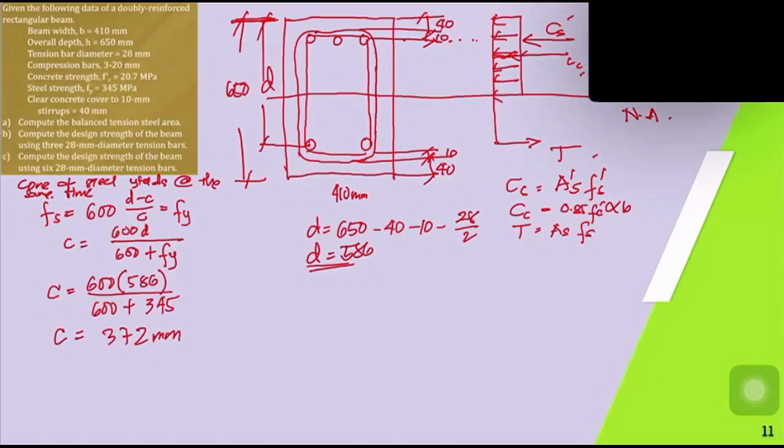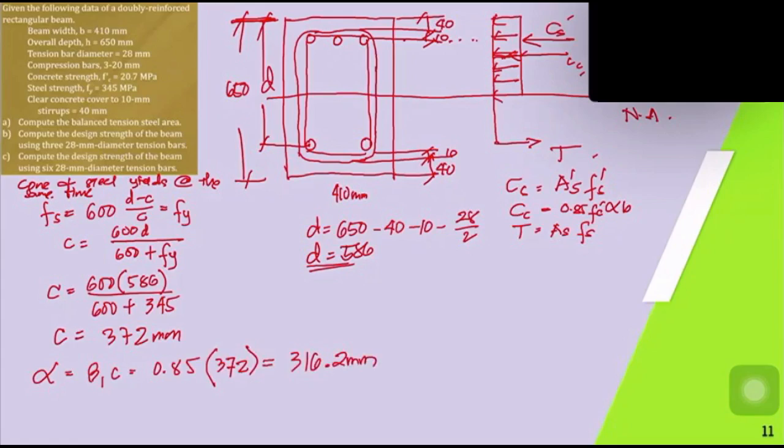Now we can compute alpha, which is beta 1 times C. Beta 1 is still 0.85, multiplied by 372. The value of alpha is 316.2.